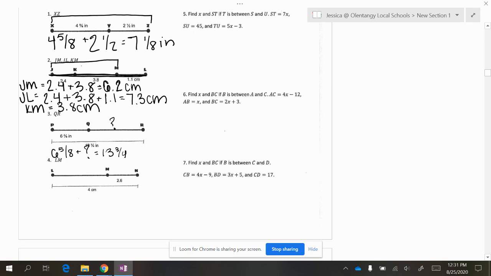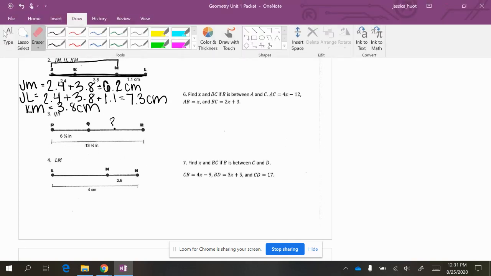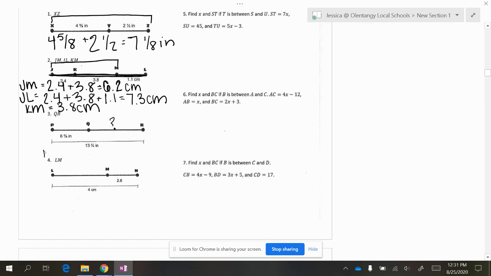Or some people can go ahead and see automatically that you need to take 13 and 3/4 and subtract 6 and 5/8. And that would end up getting you 7 and 1/8.